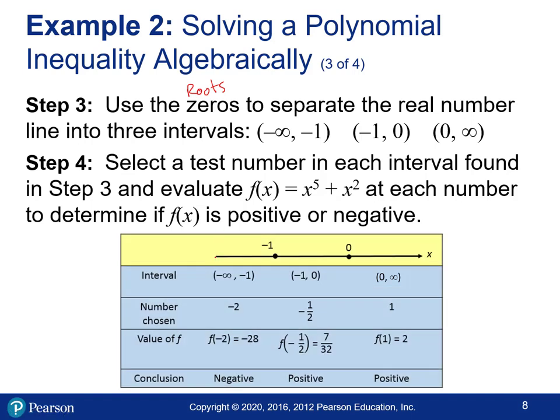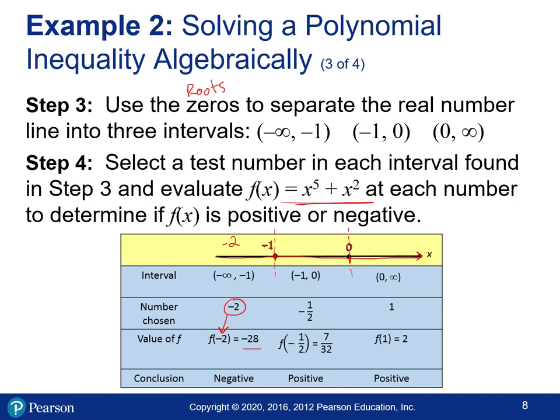All you do is draw a number line, think of it as your x-axis, and then mark the important numbers you found. 0 was one of them, and negative 1 was the other. Then you just pick some numbers around them. I want to pick something smaller than negative 1, so let's pick negative 2. If you plug that into the function and simplify, you get negative 28.